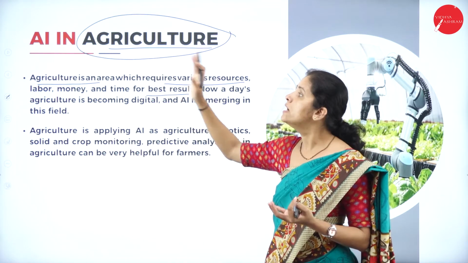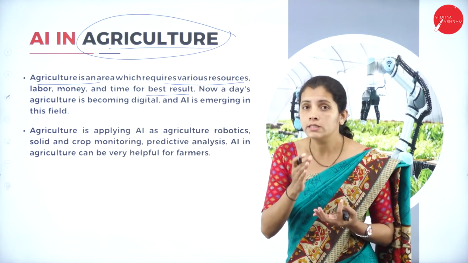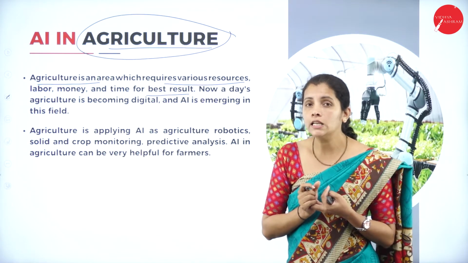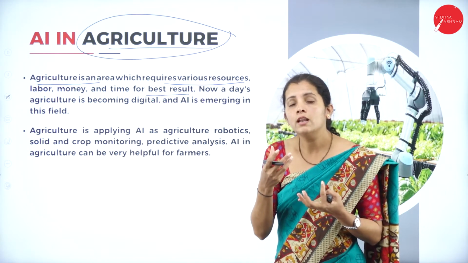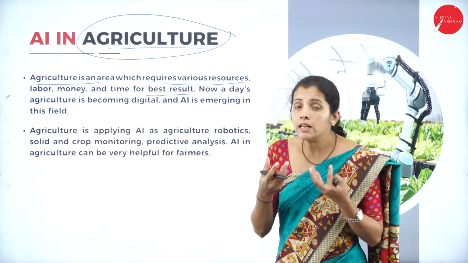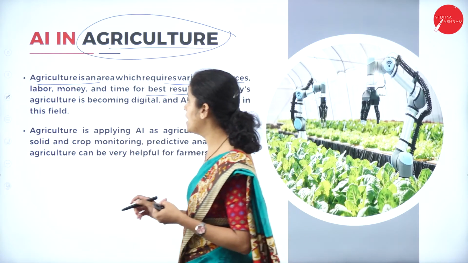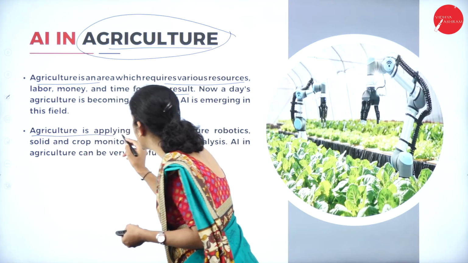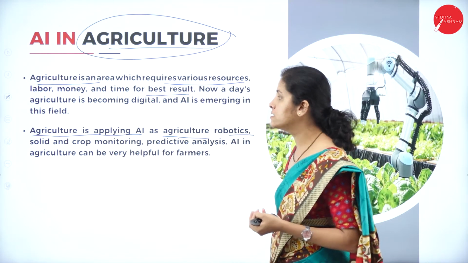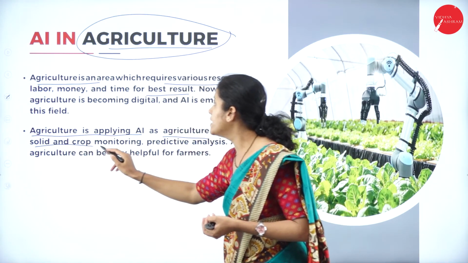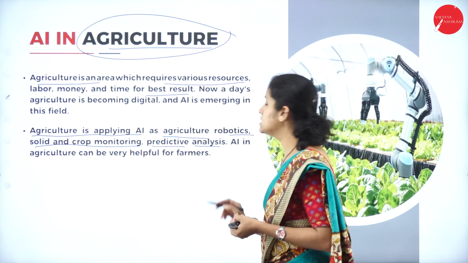For example, if I want to spray, then I can go with intelligent spray. And if I want to monitor soil, or if I want to diagnose seeds, once again I'm going to use AI. So agriculture is applying AI as agriculture robotics, soil and crop monitoring, predictive analysis.